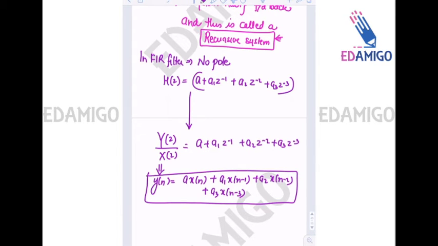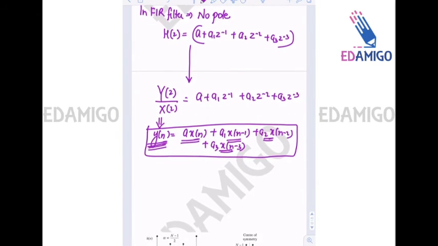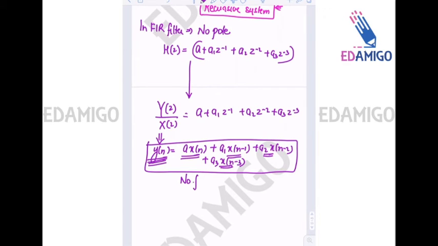So the present output depends only on the present input and the past inputs. In such a system there is no feedback path, so such systems are called non-recursive systems. So FIR filters are non-recursive systems. Okay. So these are very, very important properties of the FIR filters.